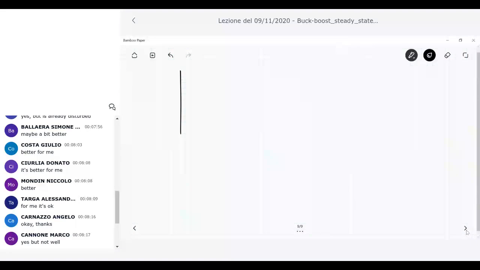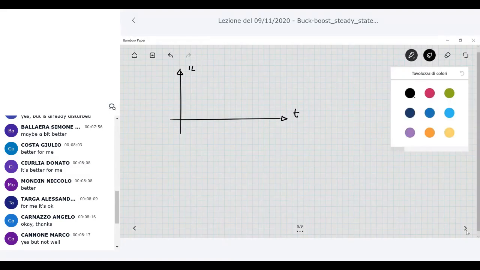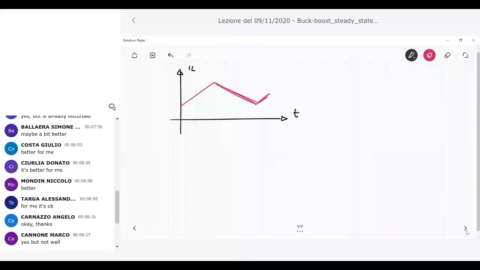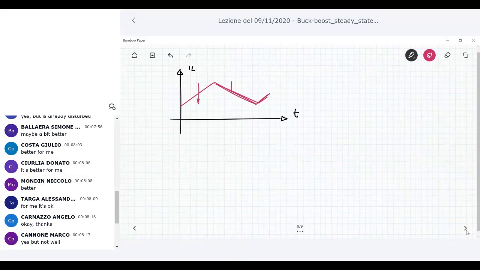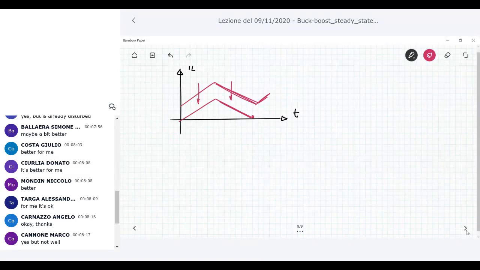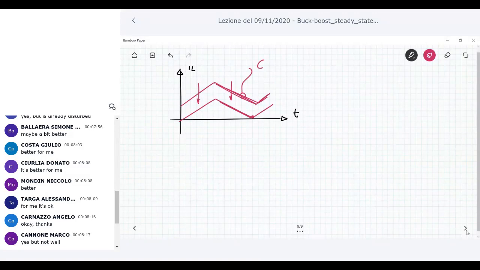Remember that this situation is evaluated for CCM. So if you look at IL versus T, this happens for a situation in which you have a totally positive inductor current, typical for CCM.